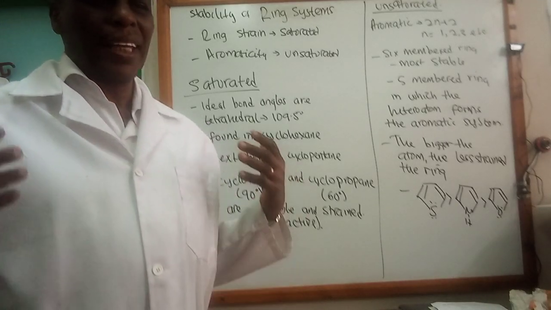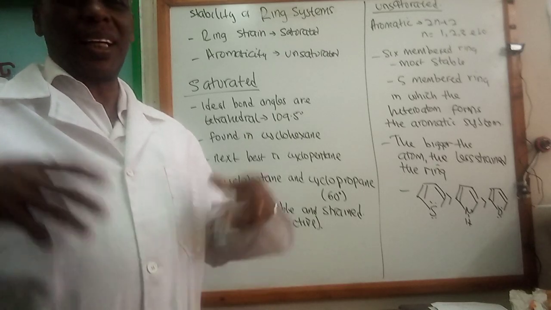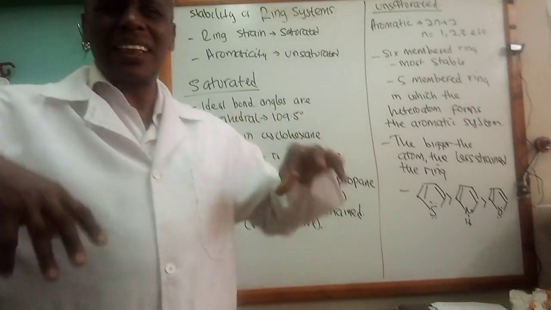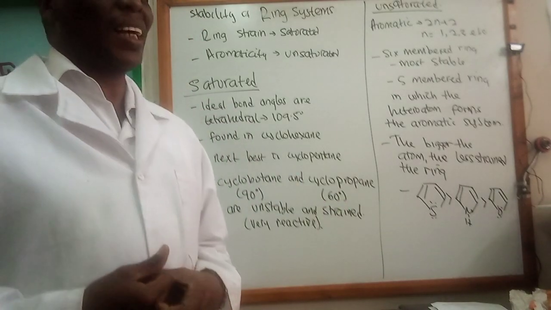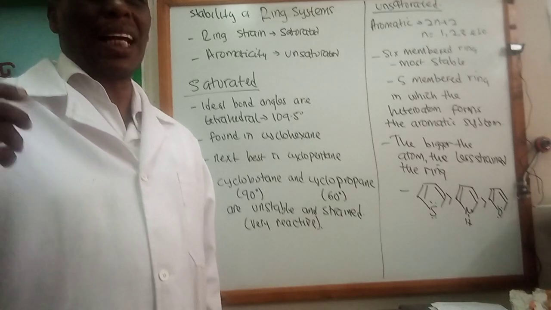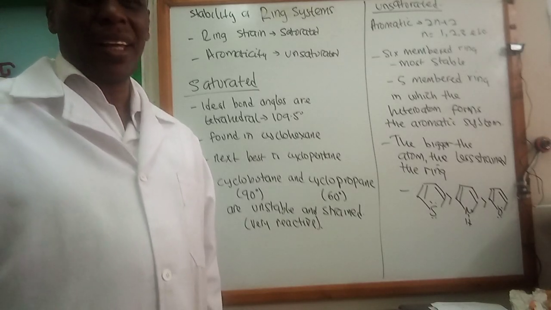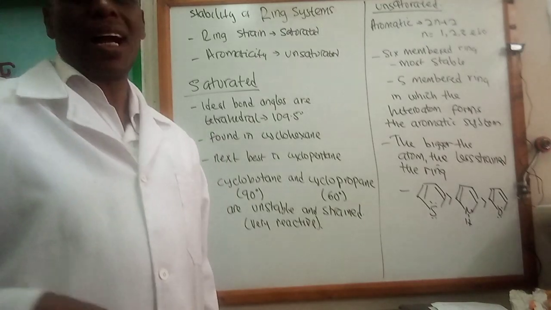As you know, with heterocyclic molecules, you're dealing with ring systems in which at least one atom in the ring is a heteroatom. Hetero means an atom other than carbon. If all the atoms were carbon, we'd be talking about a homocyclic.